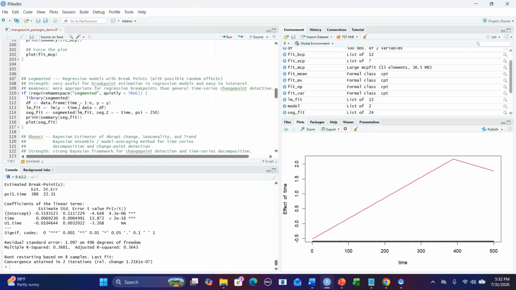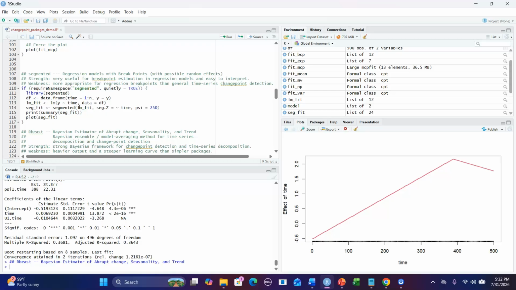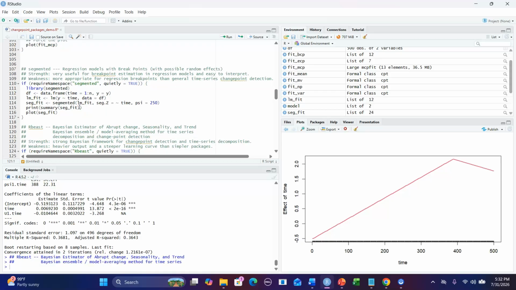Okay. So Rbeast is a Bayesian estimator of abrupt changes, seasonality, and trend. This is pretty comprehensive. It uses a Bayesian ensemble model averaging method for time series decomposition and change point detection. When we talk about change points, sometimes it's complicated because time series can have seasonalities, so there are seasonal change points.